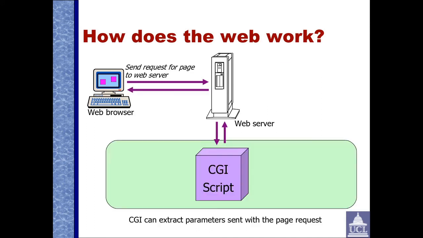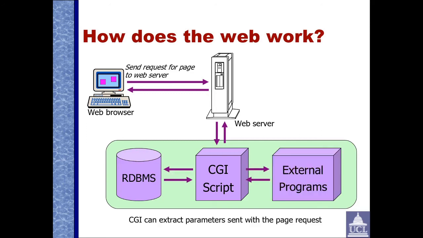Now in this case, instead the web server is talking to a CGI script. The CGI script can extract parameters sent with the page request. That could then talk to something like a relational database or to external programs, and then format the data as an HTML page that goes back via the web server to the web browser.